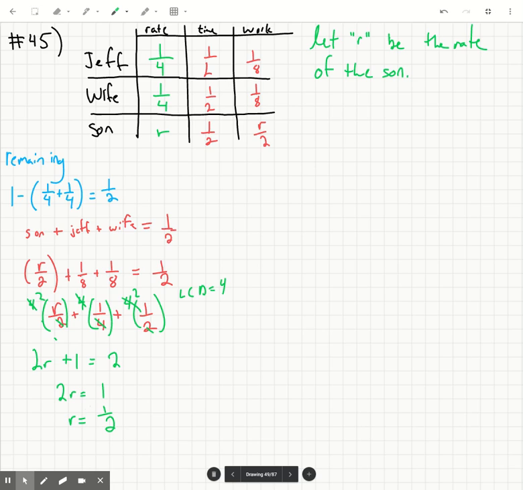So that means it takes 2 days to do the garden. So actually the son works at twice the rate. So the son can finish a garden in 2 days.